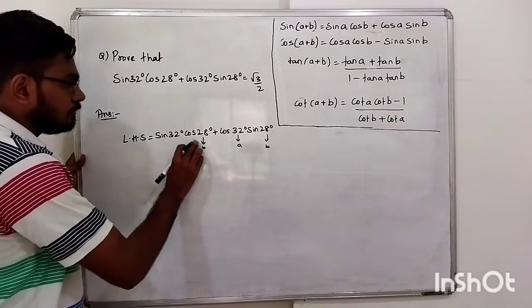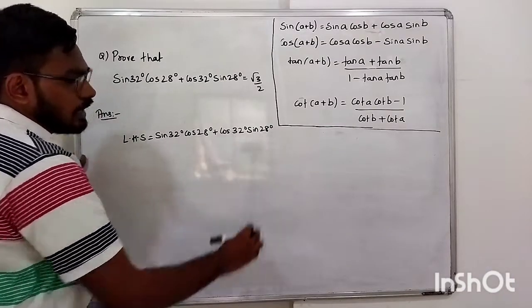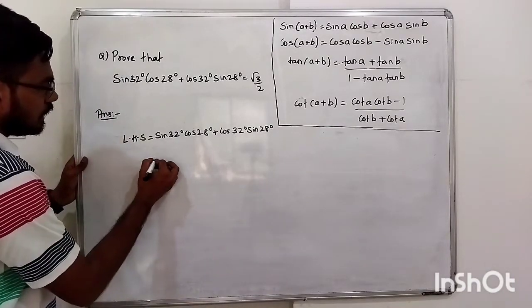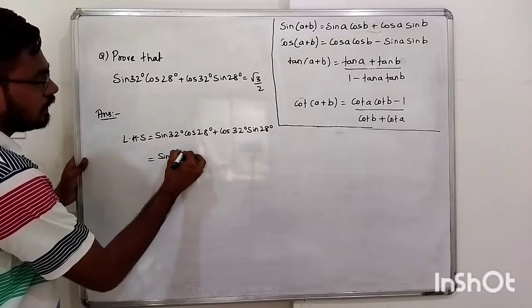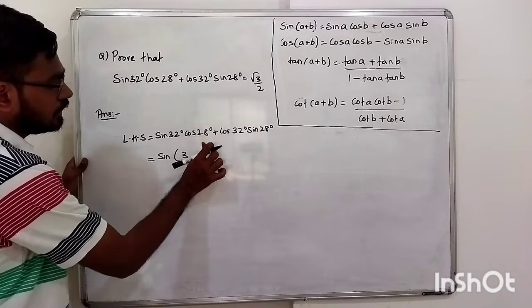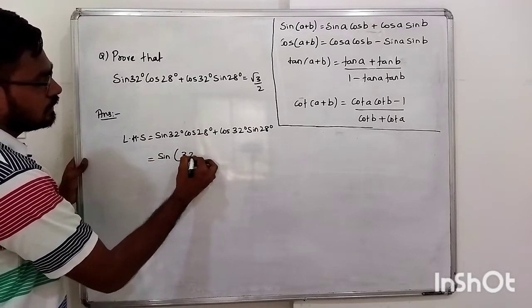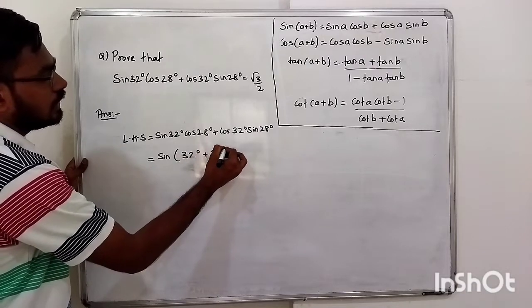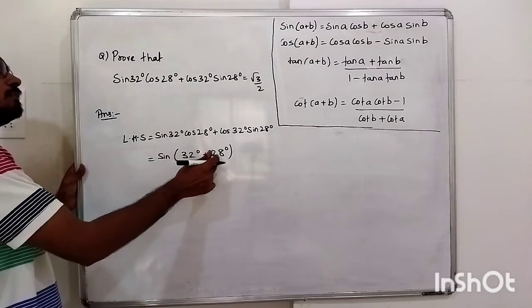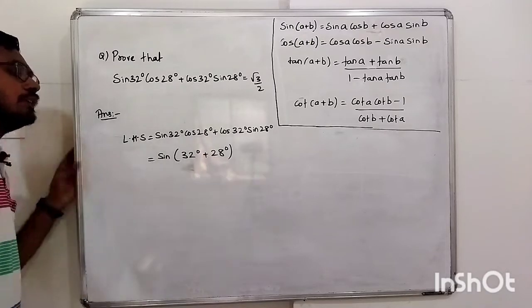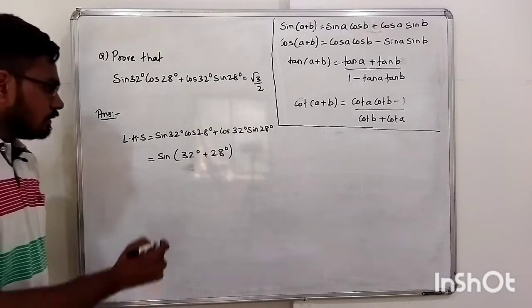Okay, so this answer will be same as sin of A plus B. Okay, sin of 32 degree plus 28 degree. See, sin of A plus B is sin A cos B plus cos A sin B. So just simplify this now.